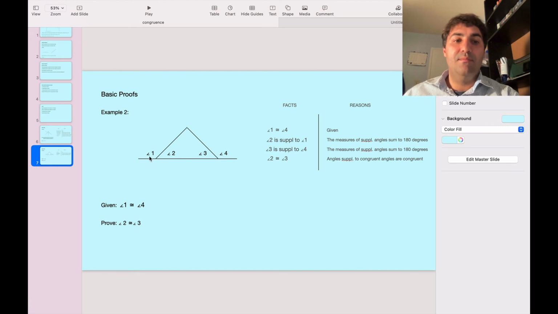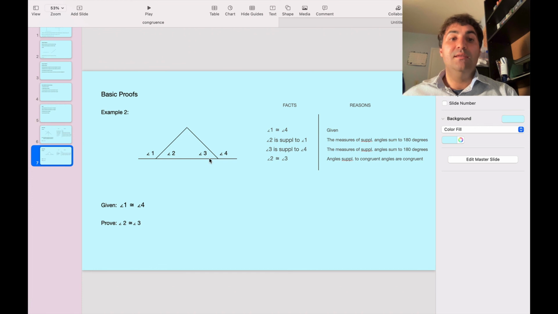Since angle 1 is congruent to angle 4, the measure of angle 1 is equal to the measure of angle 4. We can also see from the figure that if we add angle 1 and angle 2 together, we get a straight line. And if we add angle 3 with angle 4, these two angles together make this straight line. So this is a straight angle, or 180 degrees.